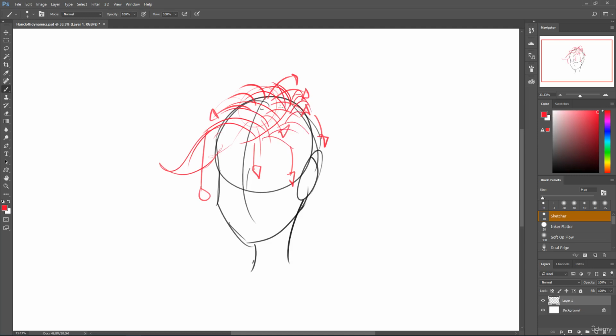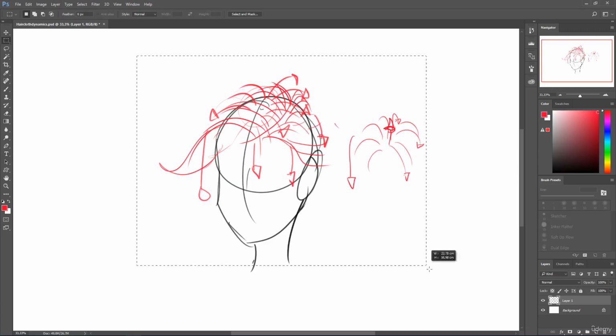So don't forget to always indicate this multi-directional movement of the hair from the top of the head, going backwards, coming forwards, going to the side, and so on and so forth. We want to keep in mind the directionality of the hair and gravity affecting the hair. It sprouts up and out, and then it's affected by gravity. Hopefully that diagram looks a bit insane, but hopefully you get the crux of that.